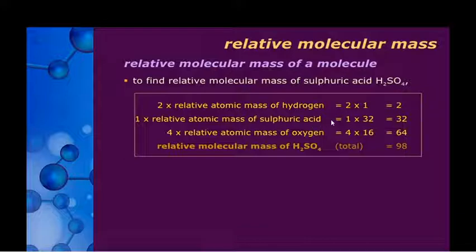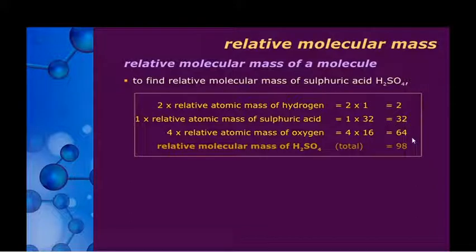The atomic mass of sulfur in sulfuric acid is 32. So we got 32. Like that, the number of oxygen here is 4, into the atomic mass of oxygen, 16. So 4 into 16 we got 64. Total we get 98. So the relative molecular mass of sulfuric acid is 98.